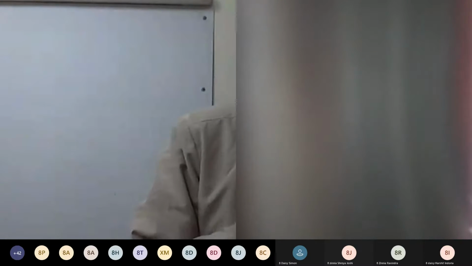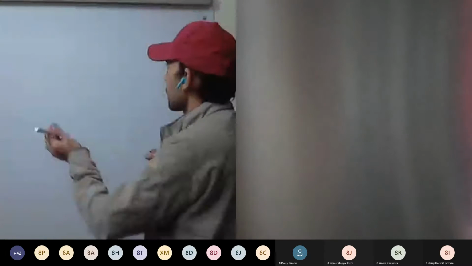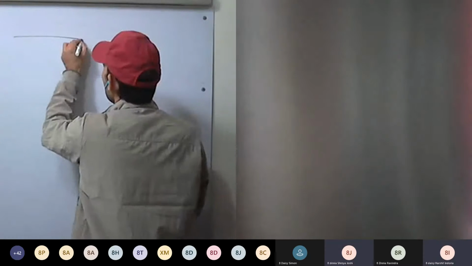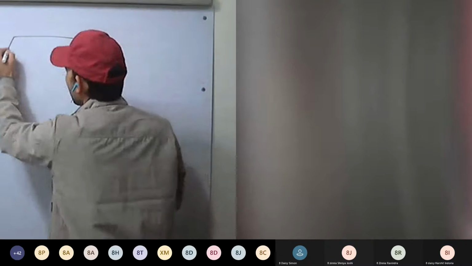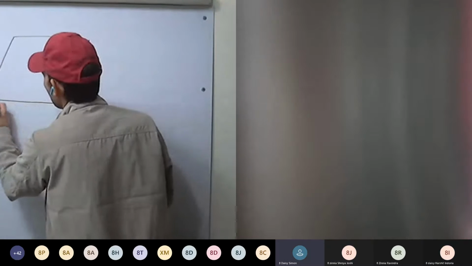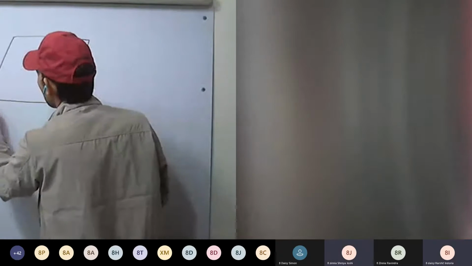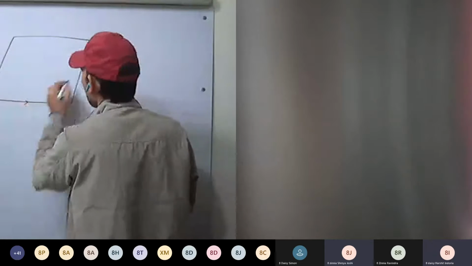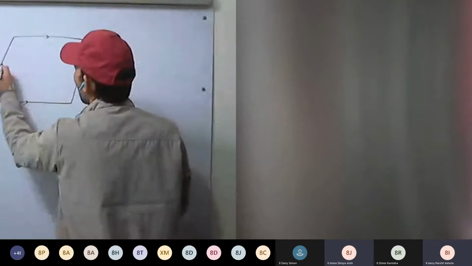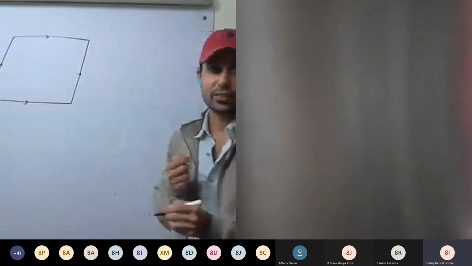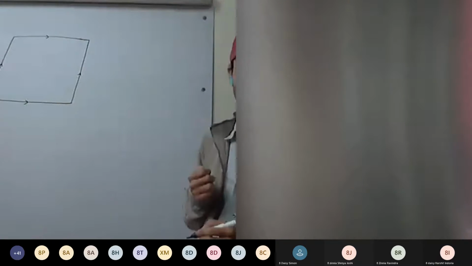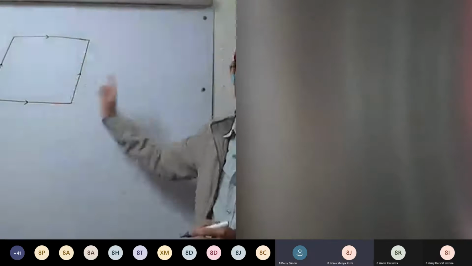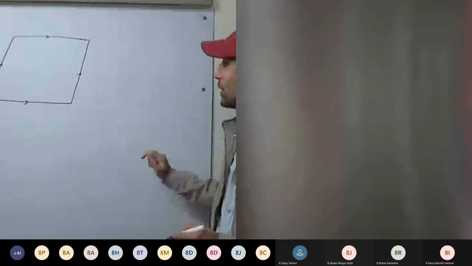So next question. What kind of figure is given? Rhombus. Why is it a rhombus? Because all sides are equal and opposite sides are parallel.